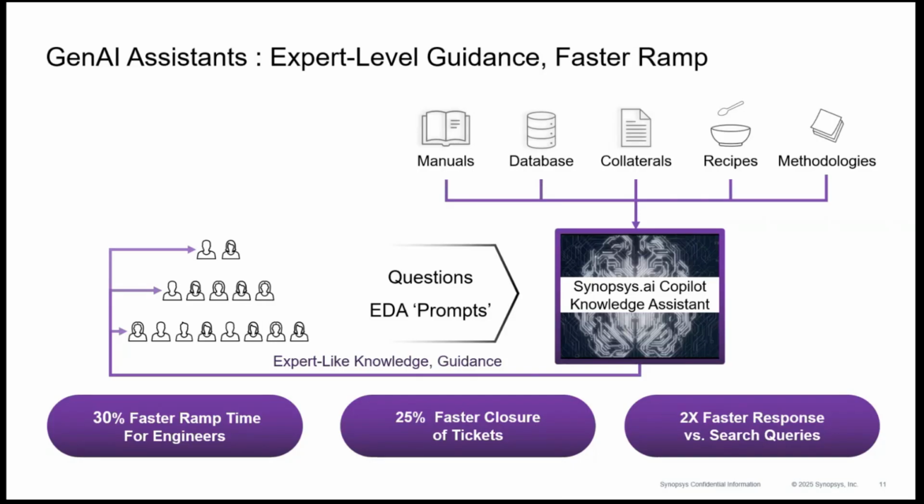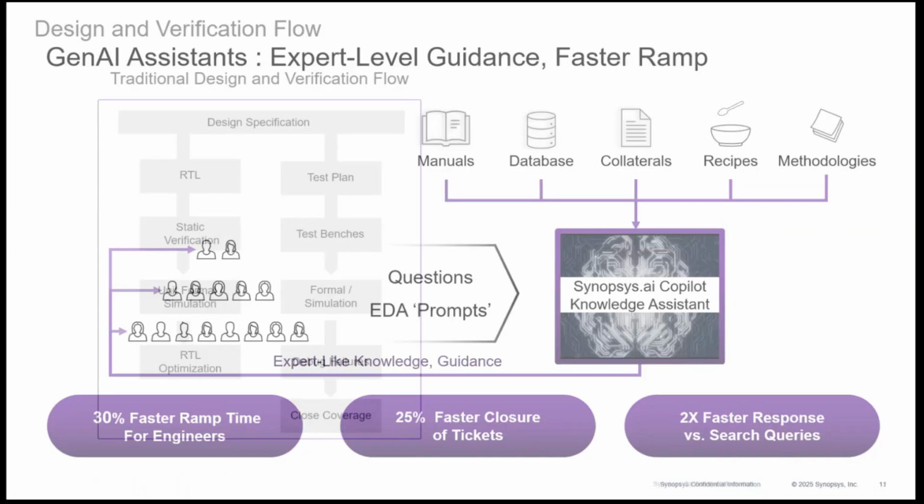And new engineers especially have been able to see 30% faster ramp-up time, which has also helped offload a lot of support time from the more experienced engineers, and 25% faster turnaround time for the support queries, which is great.